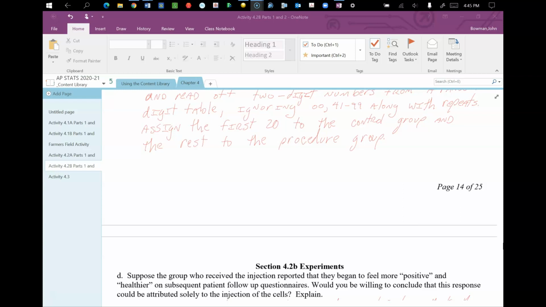Well, I don't know about you, but if I were a patient with Parkinson's disease and I got an injection that I thought was going to help me, just thinking that it's going to help me might actually help me. That is called the placebo effect.